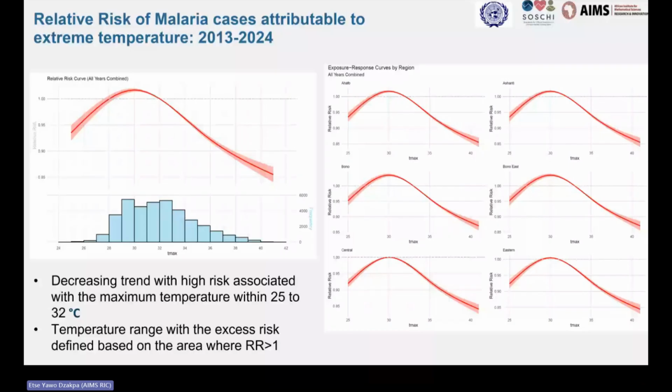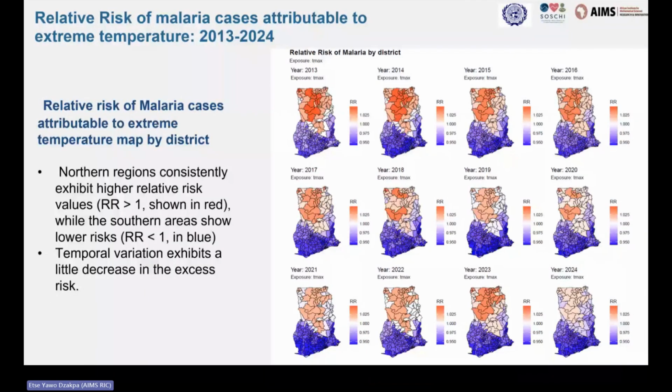So here we have the results specifically for the district level, because our purpose is to have the risk statistics at the lowest level possible. We have district level, region level, and country level. For the district level, we clearly identify the areas with high risk.